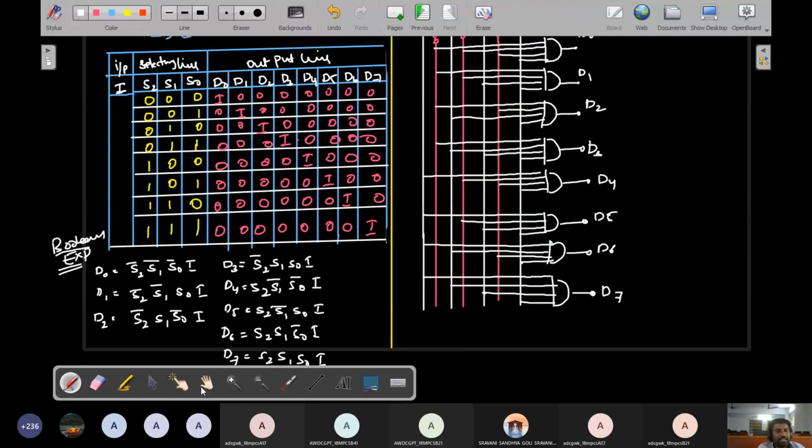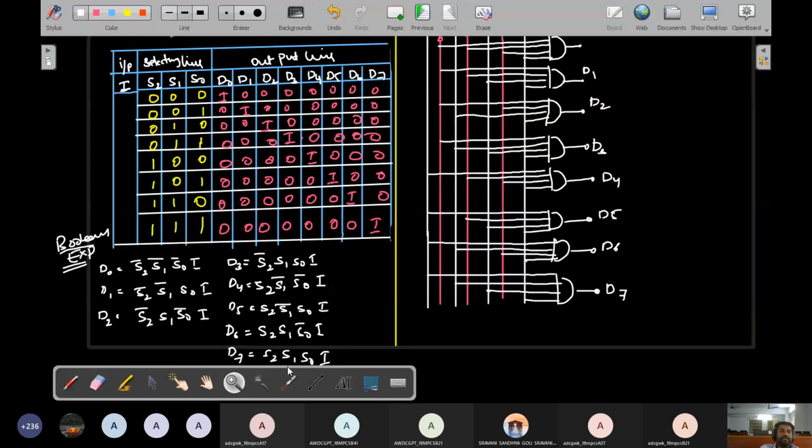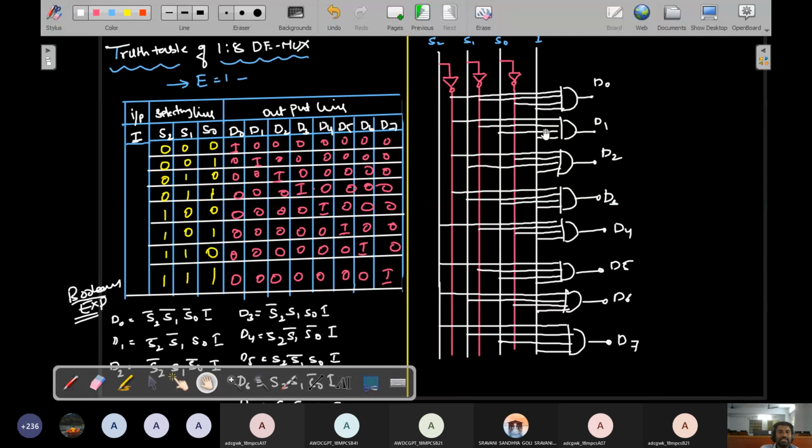So these are the actual inputs. Right now you will consider any one enable terminal, no problem. Enable is the fourth terminal of all these gates, simply connected.